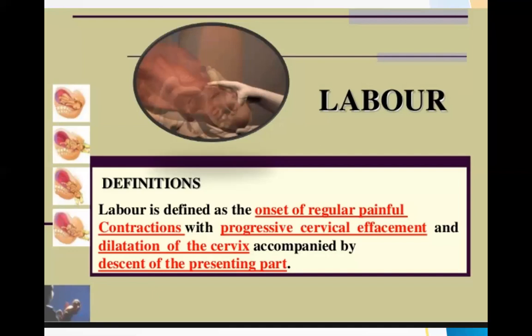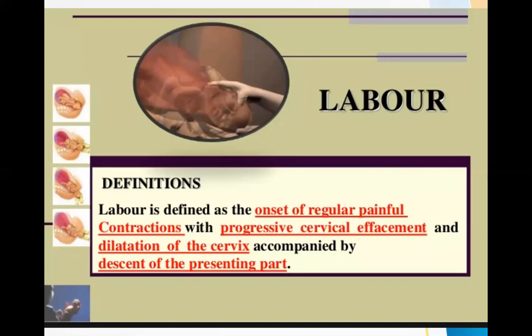So see there, first stage of the labor and second stage of the labor are defined here. First stage of the labor is characterized by onset of uterine contraction. This is called labor pain, which gradually leads to effacement of the cervix and dilation of the cervix. In the last class, I talked about what is effacement of the cervix. Anybody still remember what is the meaning of effacement? Yes? Anyone?